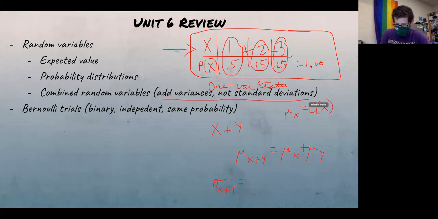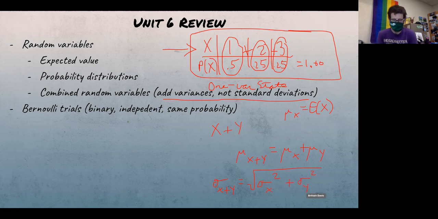Okay, so that's going to be the square root of the variance of random variable x plus the variance of random variable y. Okay, just trying to jog your memory, not trying to reteach this.